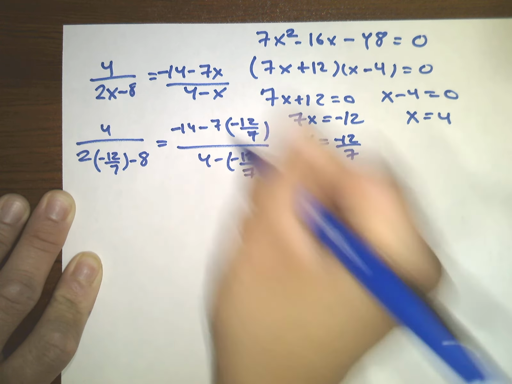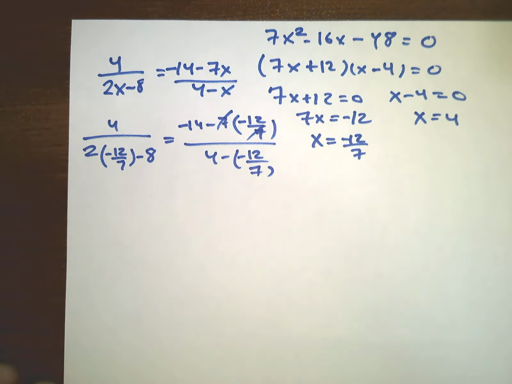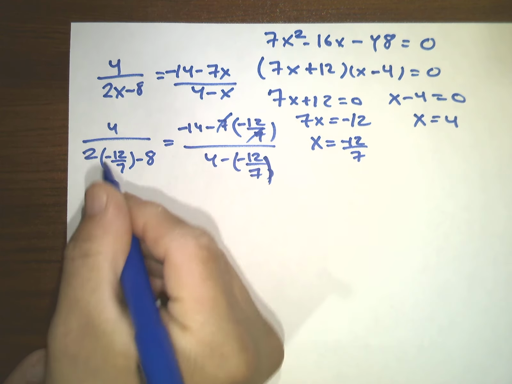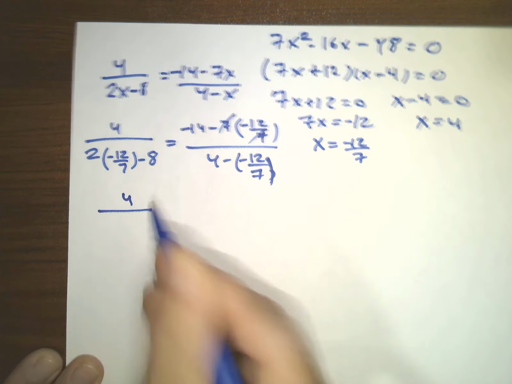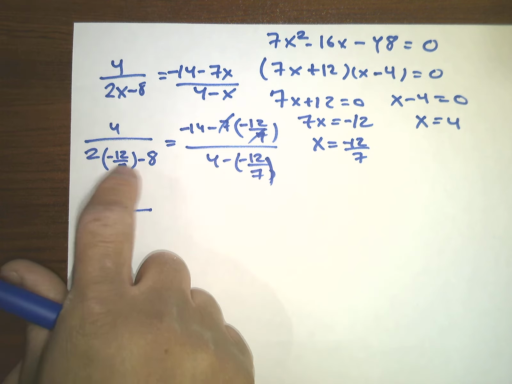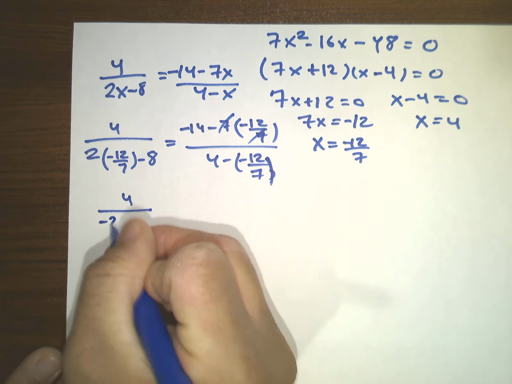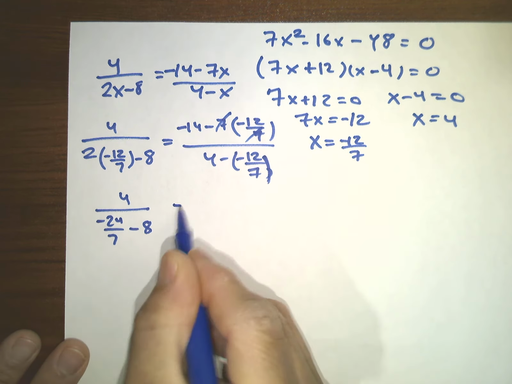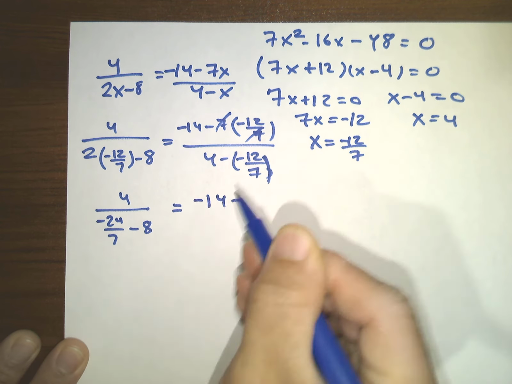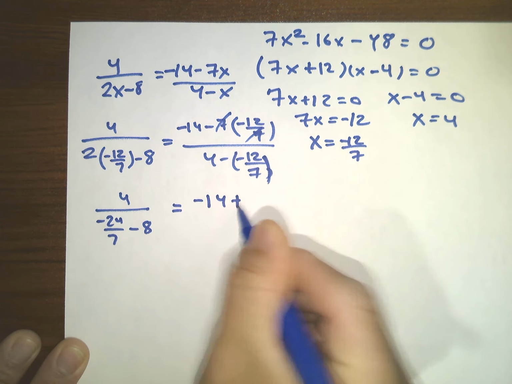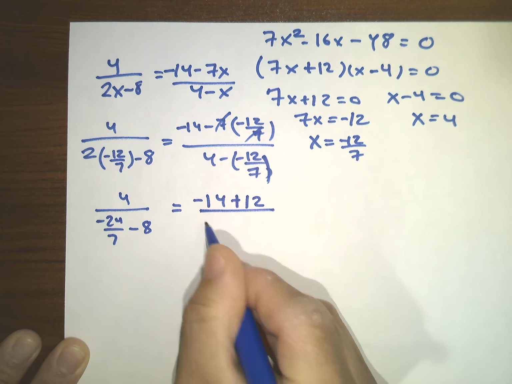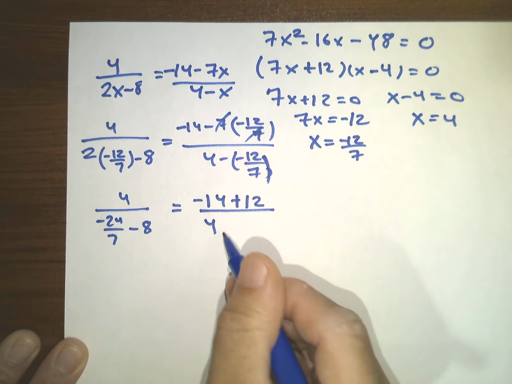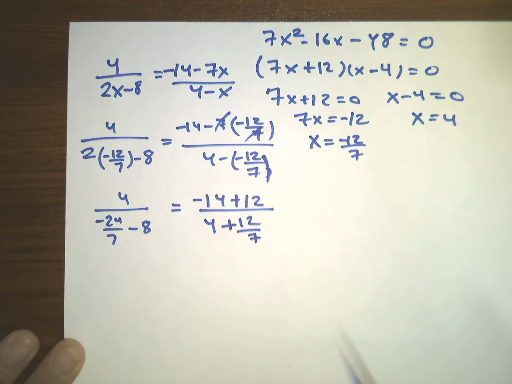over 7? So here the 7's divide out, and here I see that I have 4 over, so 2 times negative 12 over 7 is negative 24 over 7 minus 8, and then I have negative 14, and then minus a negative 12 will be plus 12 all over 4, and then minus a negative 12 over 7 plus 12 over 7.